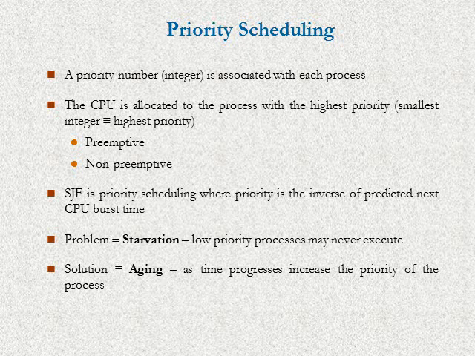If you look at priority scheduling, all the other algorithms that we have discussed so far, that is first come first serve or shortest job first, you may say that they are somewhat a variation of priority scheduling.